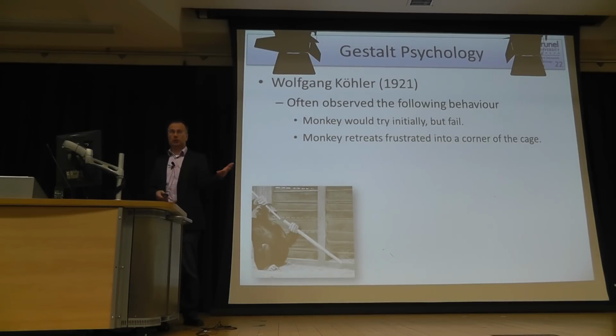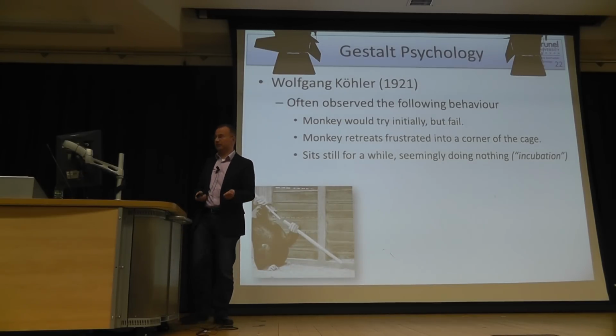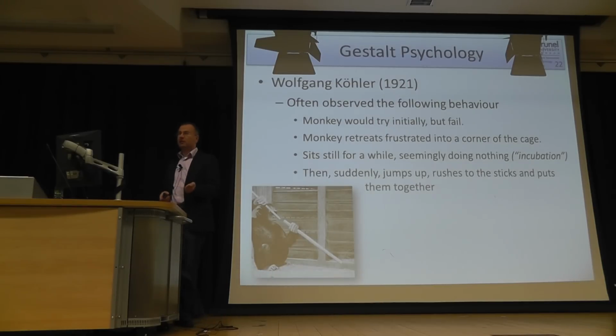So he might go into the corner of the cage and sit there, frustrated, silently. And seemingly he's doing nothing, just sitting there. However, Köhler observed that sometimes, suddenly, the monkey jumps up, rushes to the sticks, directly puts them together and retrieves the food.